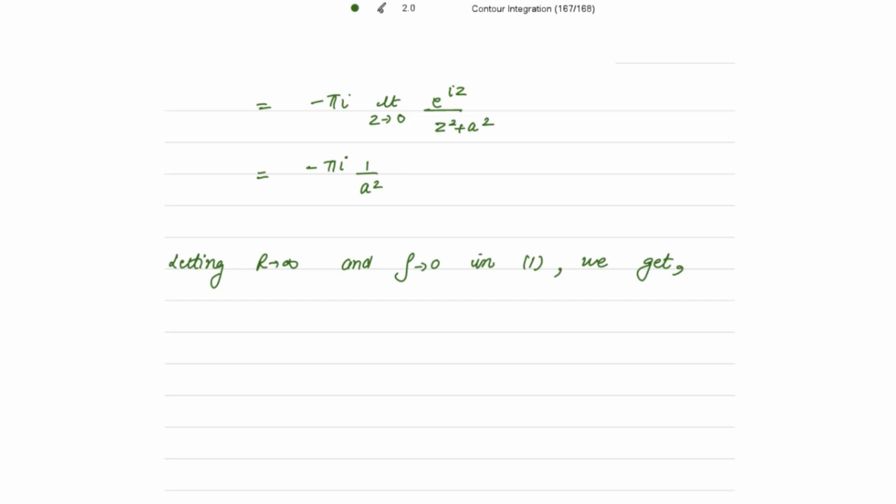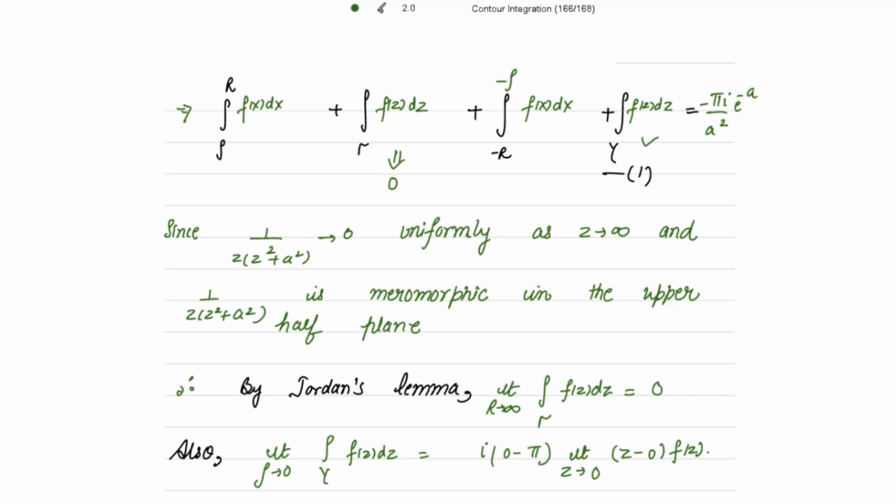So next, now because I have calculated the integral for both the semicircles, for equation 1 I have to limit r tending to infinity and rho tending to 0.